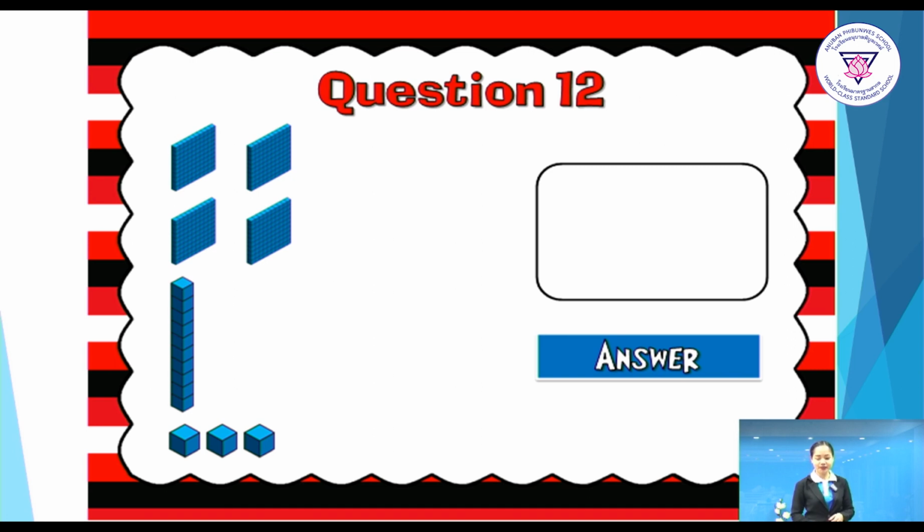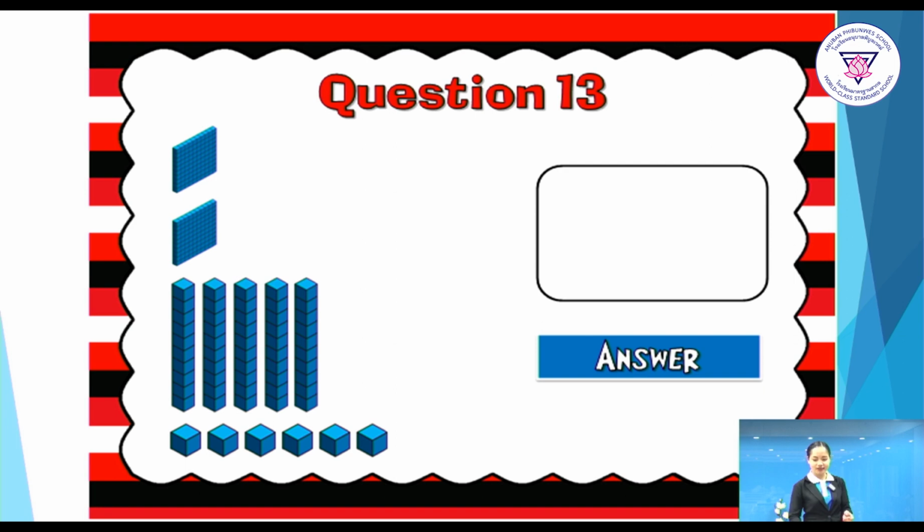Let's proceed to number 13. How many blocks can you see in hundreds place? How many blocks in tens place? And how many blocks in ones place? What is your answer? It's very good. It's 256.